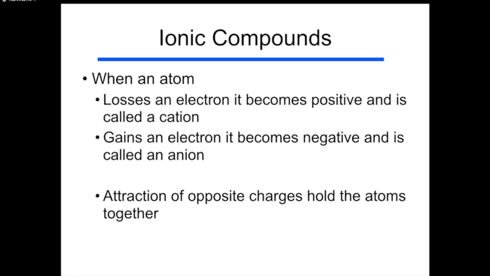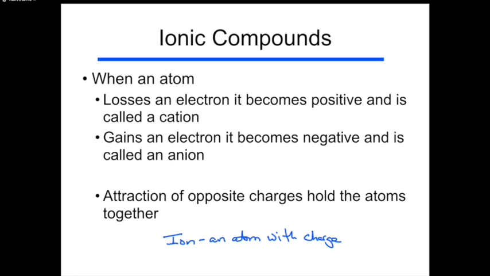Now, when I look at ionic bonds and ionic compounds, there's a term that we use called ion, which means an atom with charge. And we know the atom has charge because there's an imbalance in the number of protons and the number of electrons.